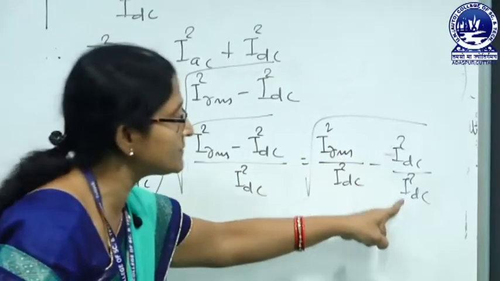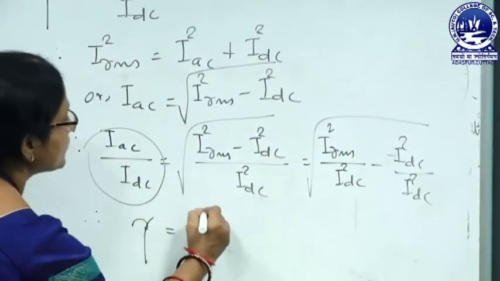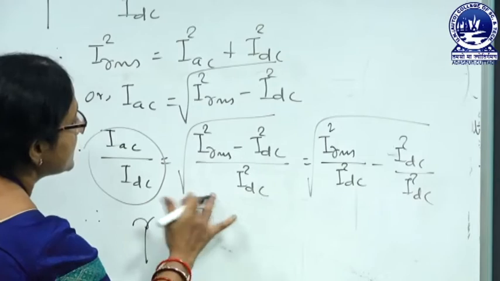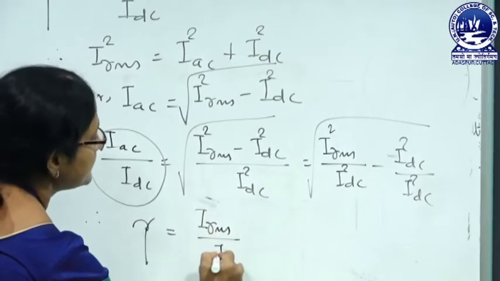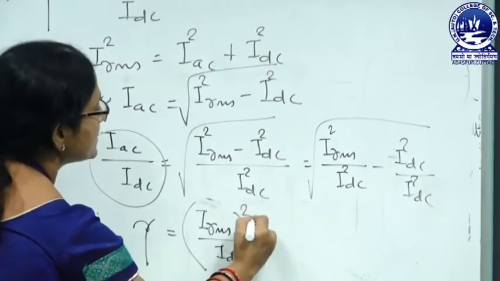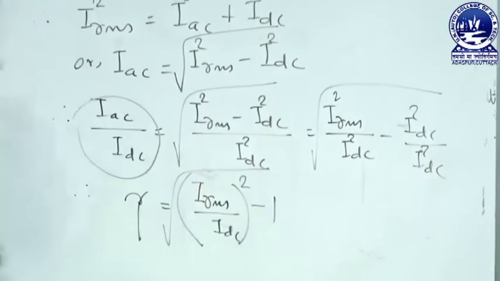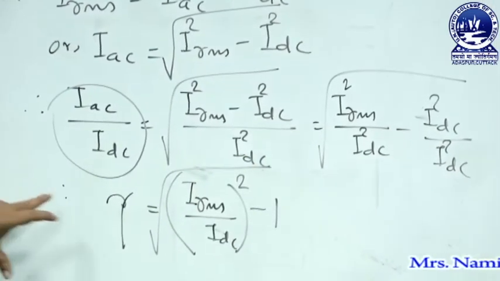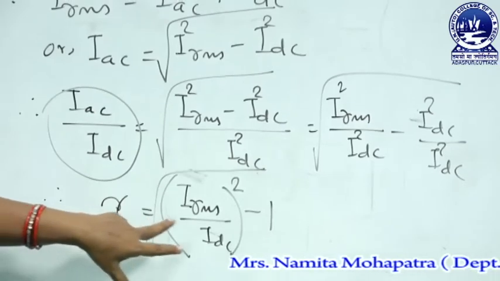That means this term is cancelled. So finally we found the formula: gamma equals the square root of ((I_RMS by I_DC) squared minus 1).